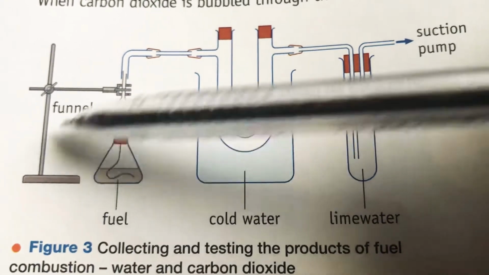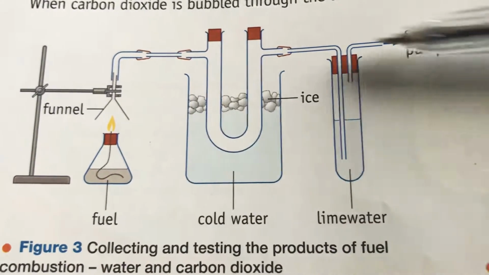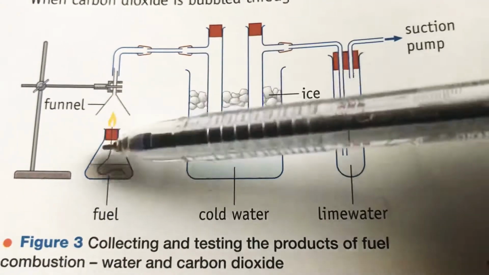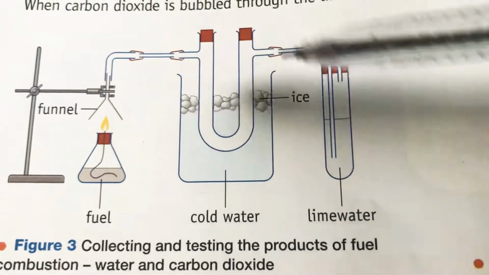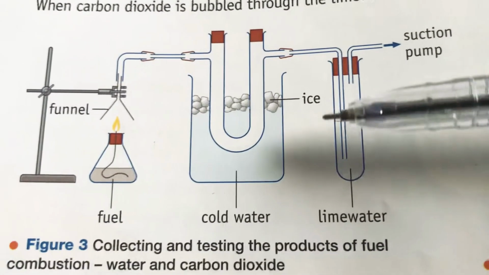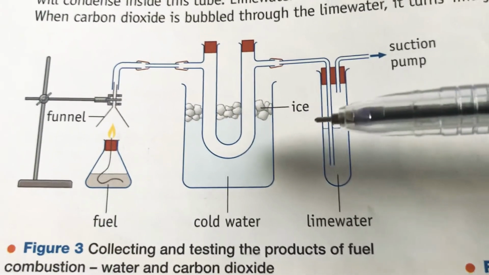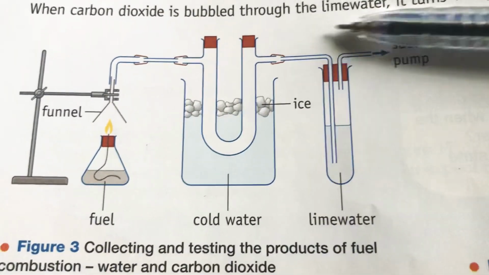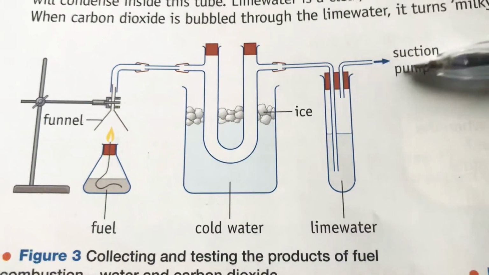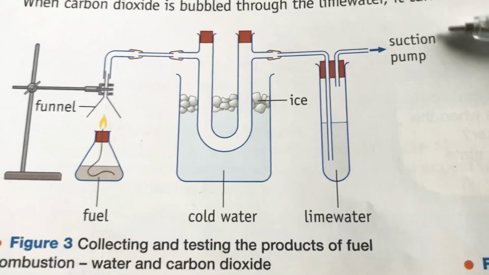Now those gases would escape everywhere, so we need a way to collect the gases and allow them to pass through a system of tests that could confirm that these gases are indeed what we think they are. This over here is indicating that there's a suction pump.